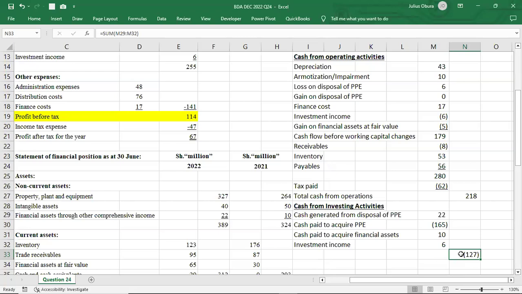Yeah. Then we go to cash from financing activities. There's something that I've wrongly recorded here. Cash paid to acquire financial assets 10. It should be a negative because it's out. Yeah. So that leads us to 147.